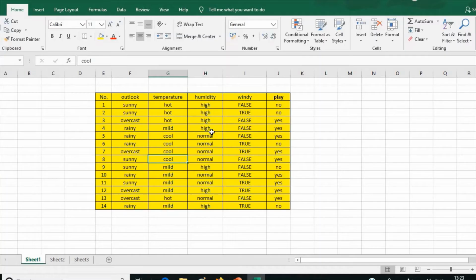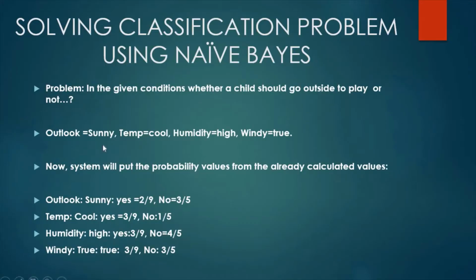So how will the system calculate whether the child should go for the play or not? During the training phase, the system has calculated the probability of each column and each category. So the system will simply pick the probability of playing yes and playing no if Outlook is Sunny. It is given here. And what is the probability that if temperature is cool, the child should go for the play, yes or not?